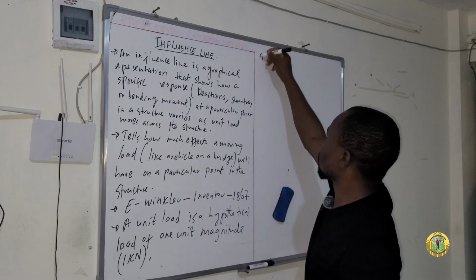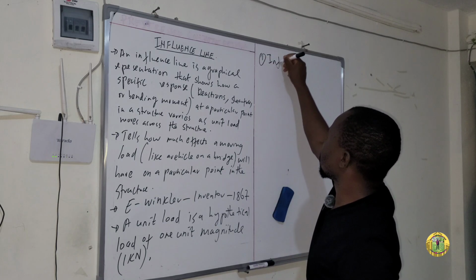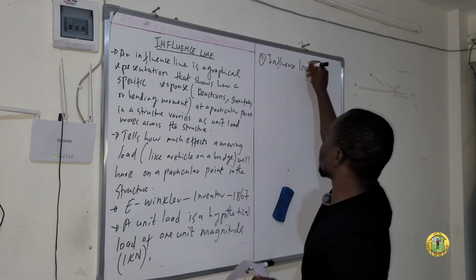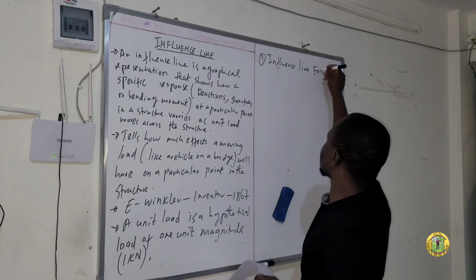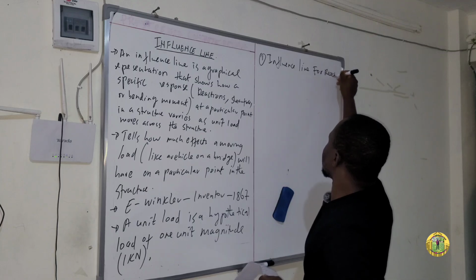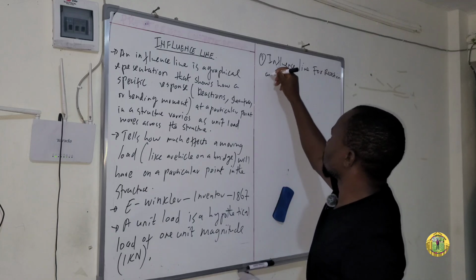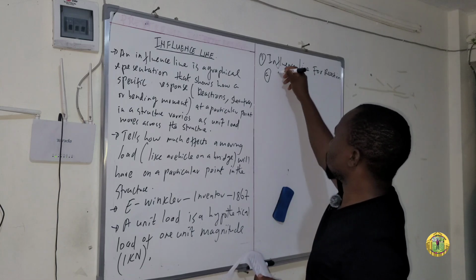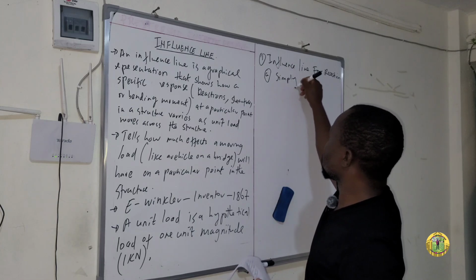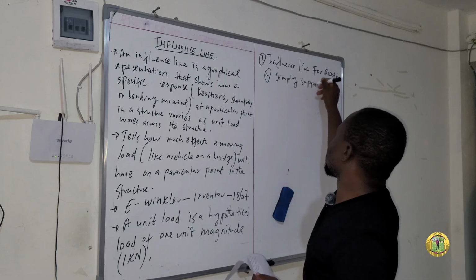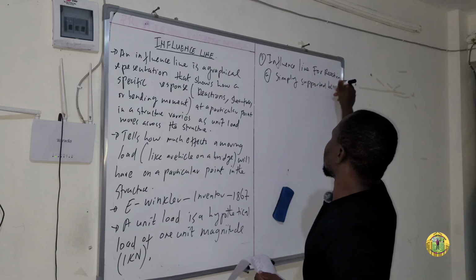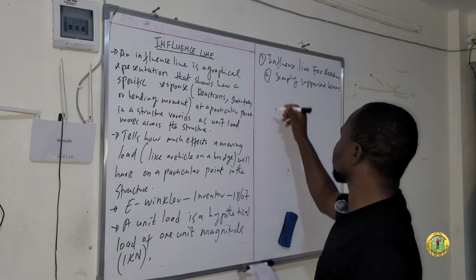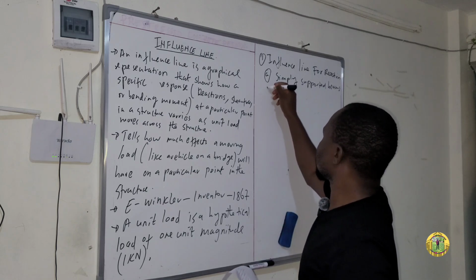Under influence line, I'm going to discuss the following. Number 1, influence line for reaction. Under this, I will discuss A, simply supported beam. A simply supported beam is a beam resting on 2 supports only.